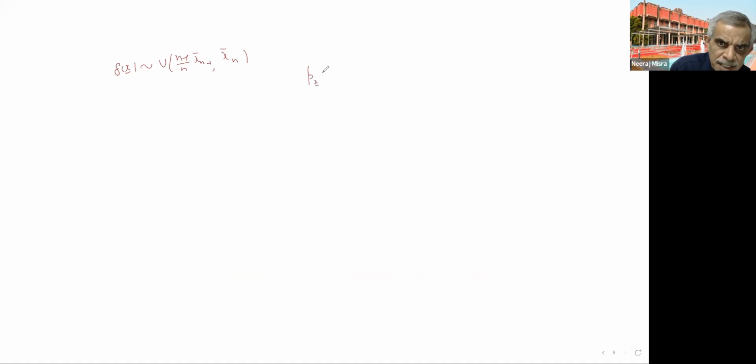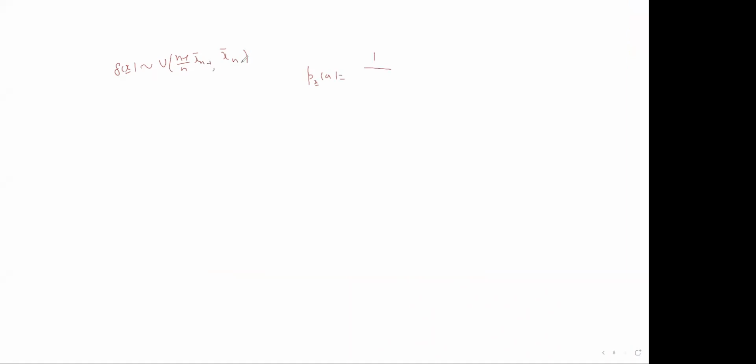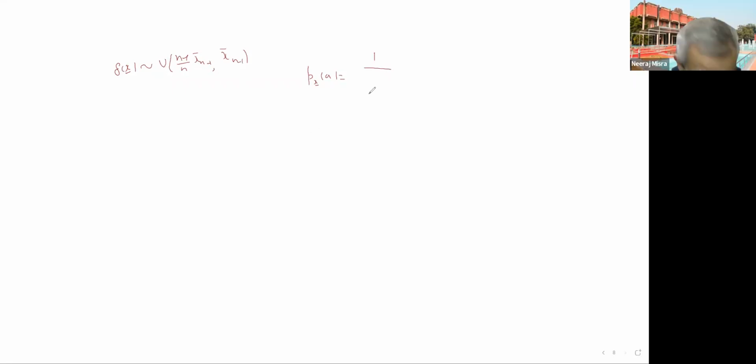The PDF of a uniform is nothing but 1 upon b minus a. So 1 minus n minus 1 by n, which is 1 by n, x bar n minus 1. It is x bar n minus 1, the right side of the interval.